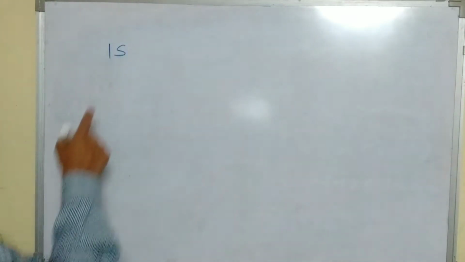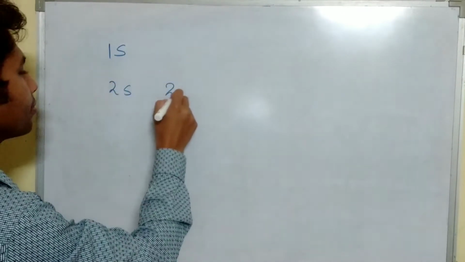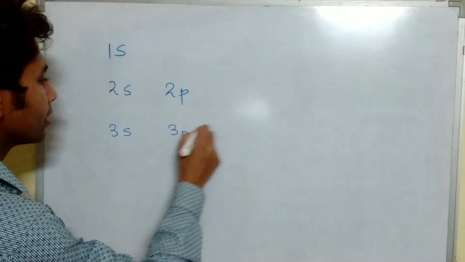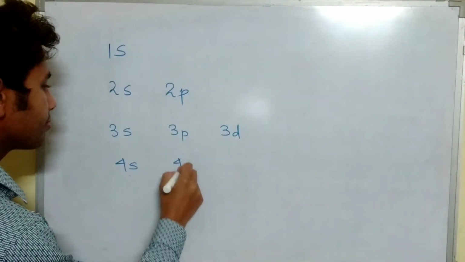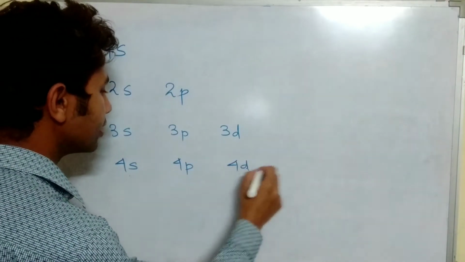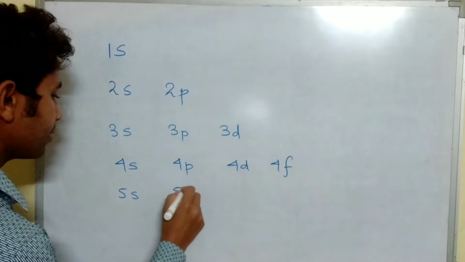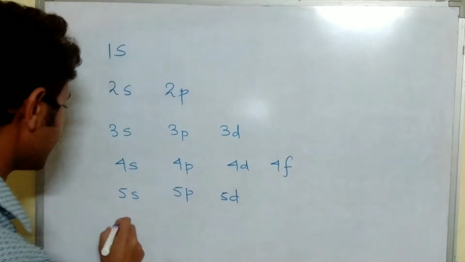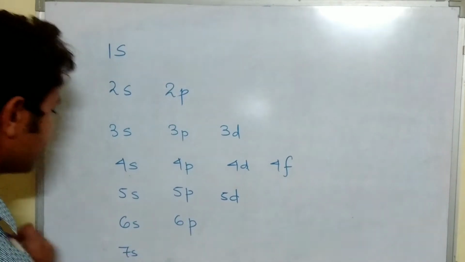One method: consider like this. The 1s orbital we put here, then below this 2s, 2p, then below this 3s, 3p, 3d, then below this 4s, 4p, 4d, 4f, after that 5s, 5p, 5d, after that 6s, 6p, after that 7s.